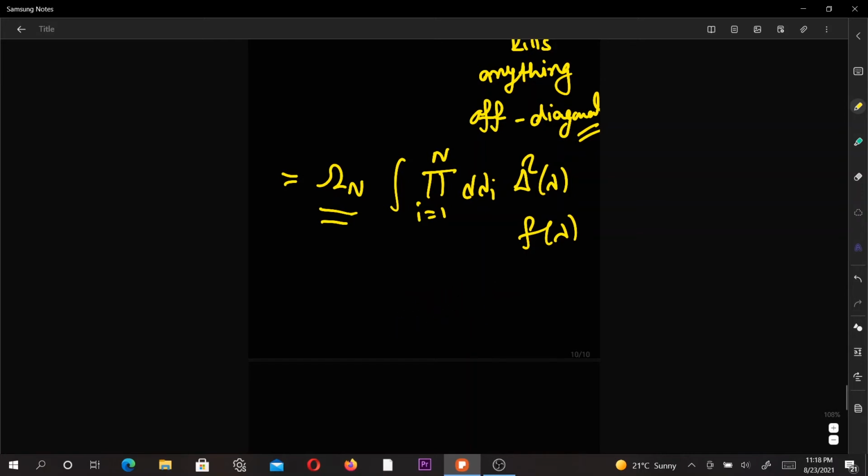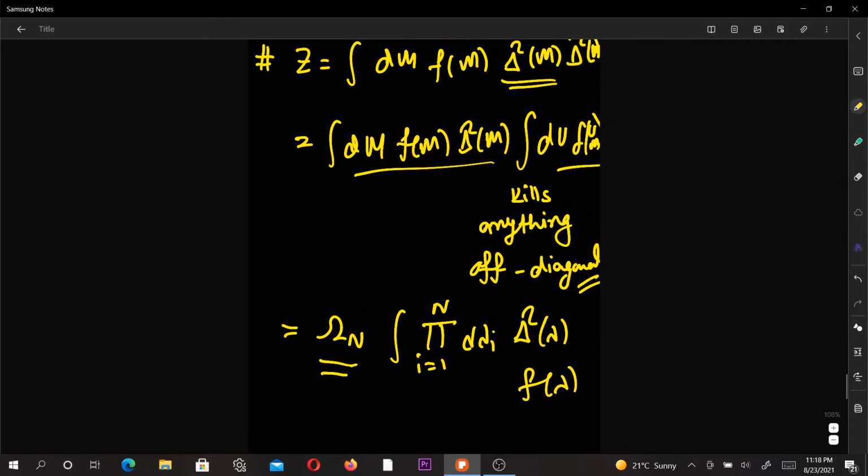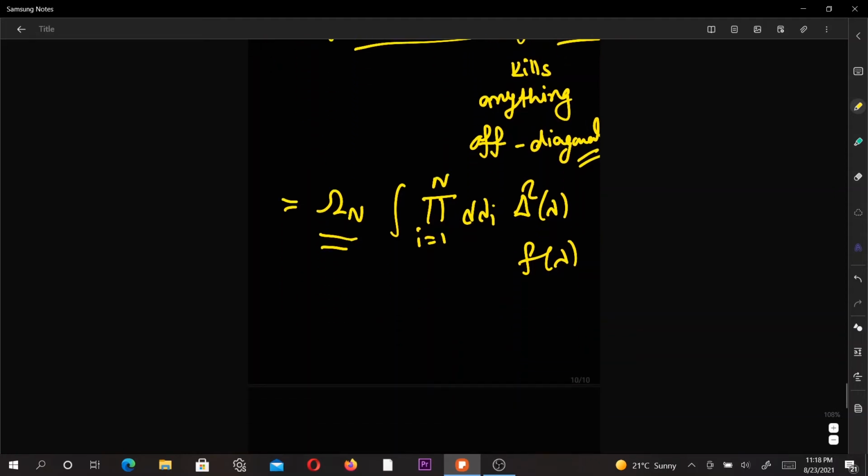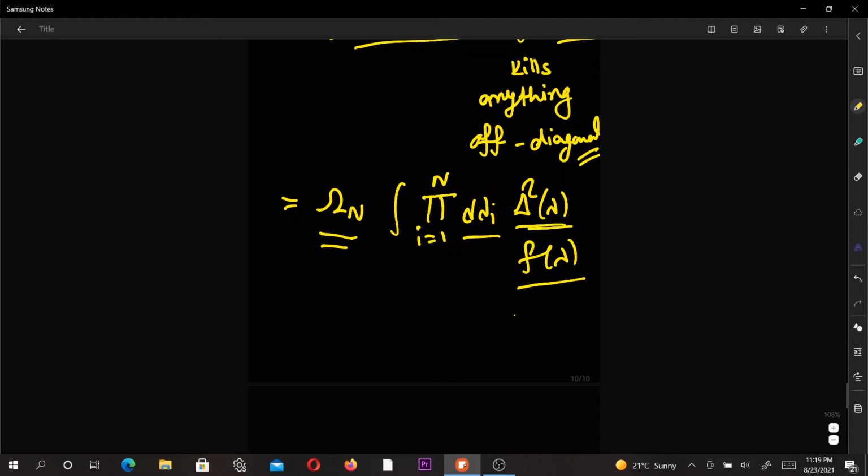So what just happened here? We killed the off-diagonal elements, and the only thing we are left with is our original function f of M in terms of the eigenvalues, the lambdas. Our measure is transformed from dM to d lambda, that is, in terms of the eigenvalues, and this quantity is also transformed in terms of the eigenvalues.